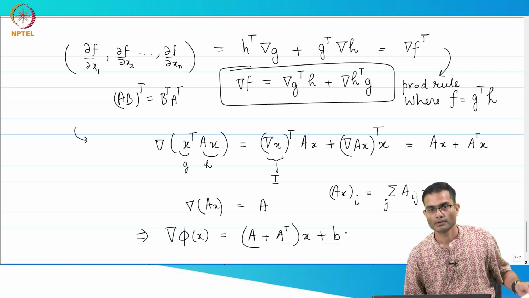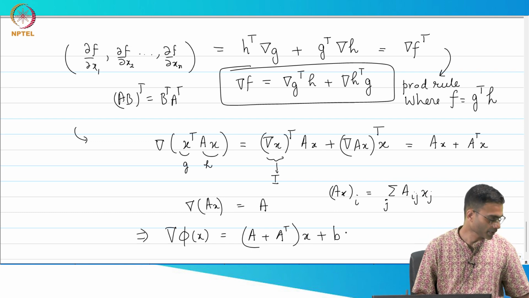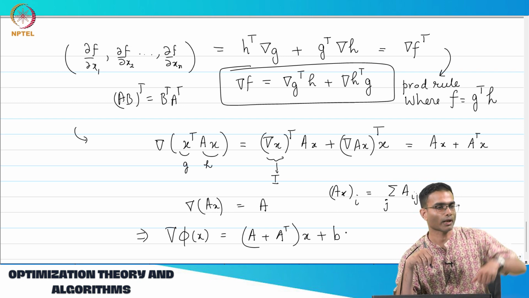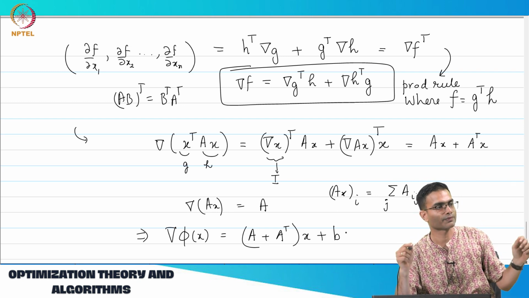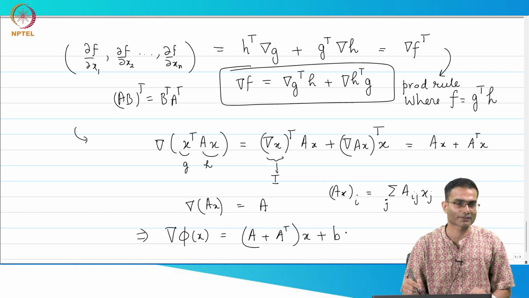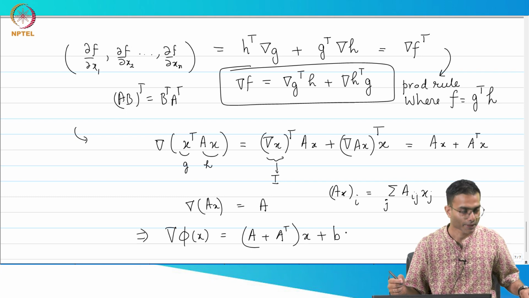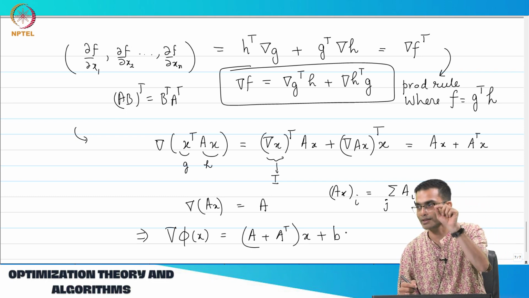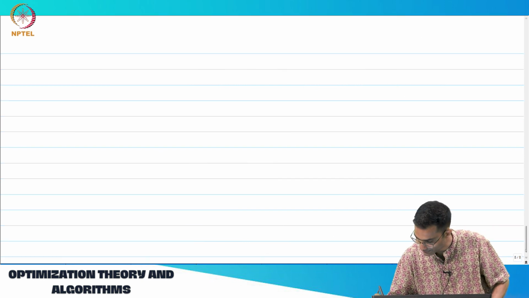Pretty straightforward. No rabbits out of the hat. We just took everything from first principles. A class 12 student could follow this derivation. There's nothing fancy over here. Just keep check of whether it's a column vector or a row vector and keep the indices in check.